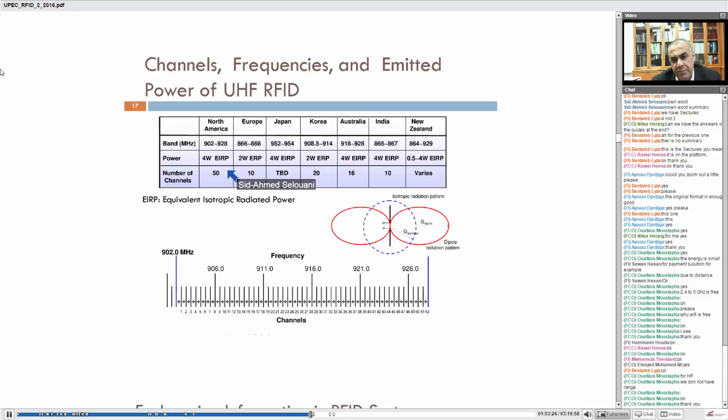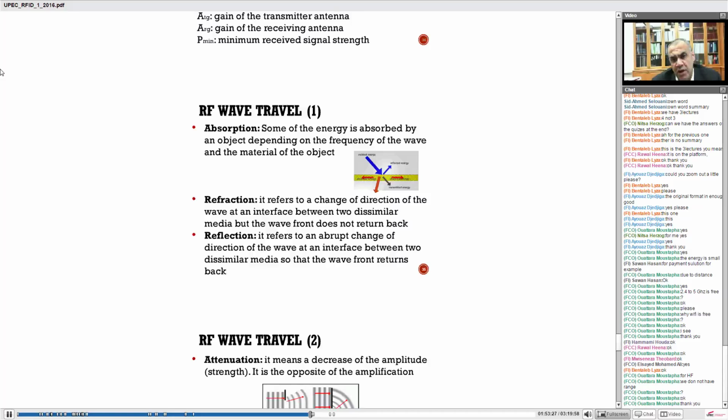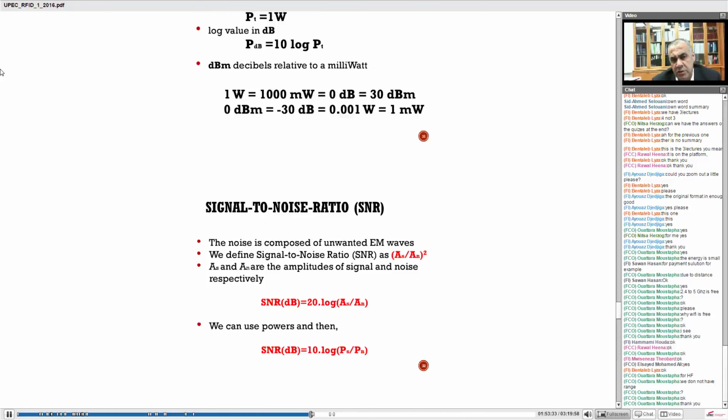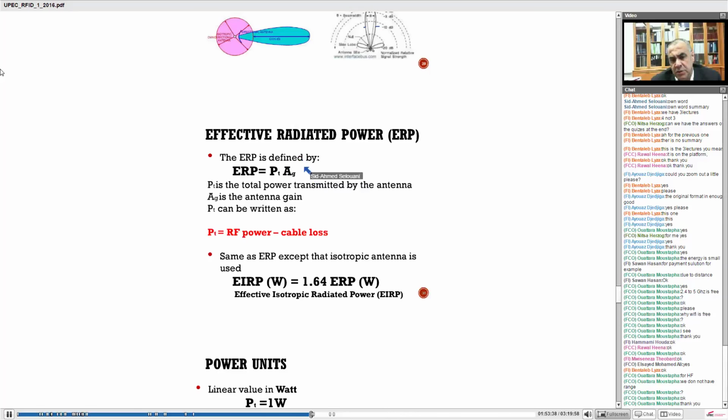The power, the regulation in the US, should be 4 watt, considering the effective isotropic radiated power, EIRP. Remember, it's very important. This is why I told you it is very important to remember.